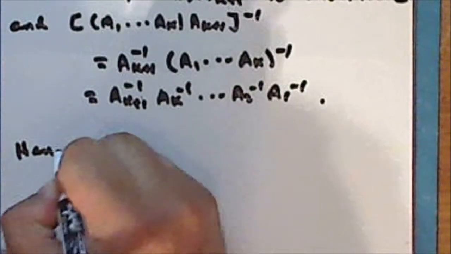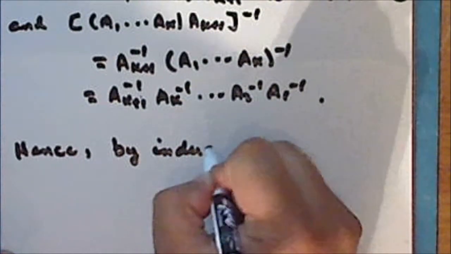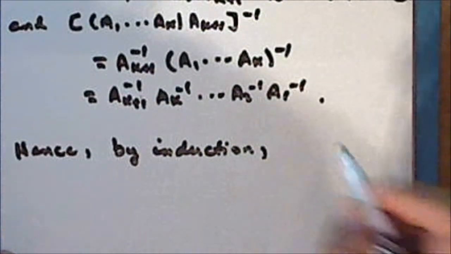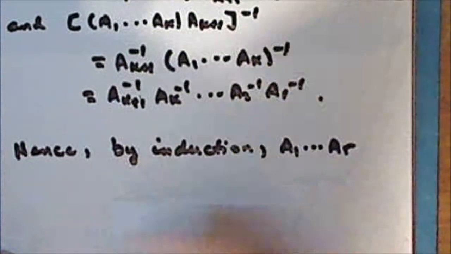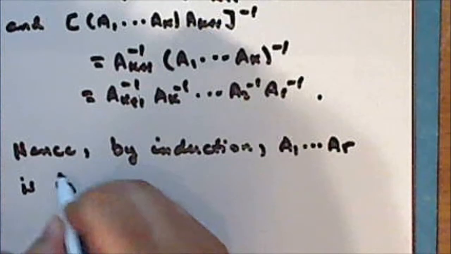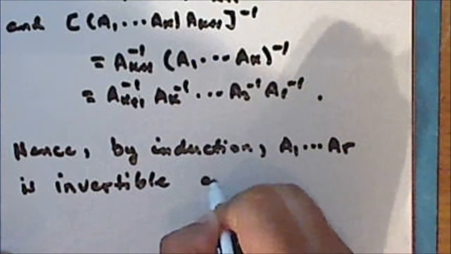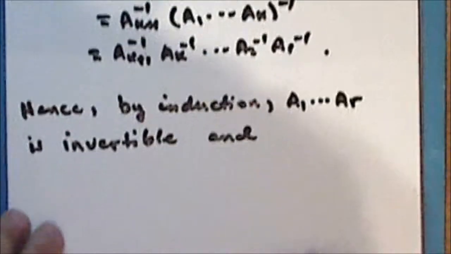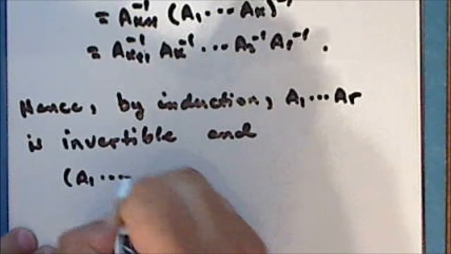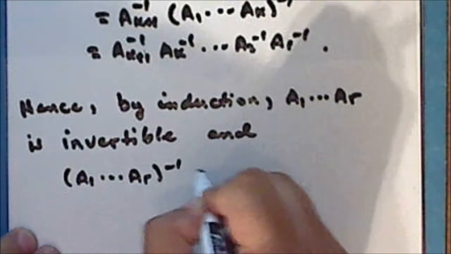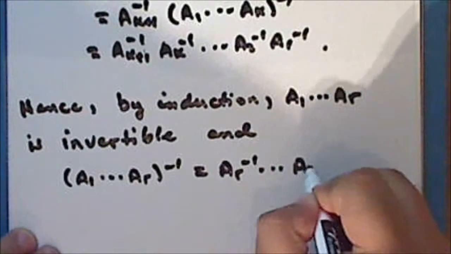And hence, by induction, the product A sub 1 through A sub r is invertible. And in fact, the inverse of the product is the product of the inverses in reverse order.